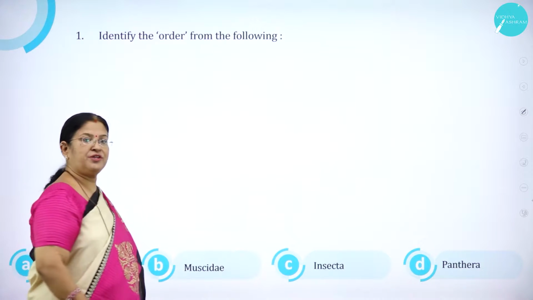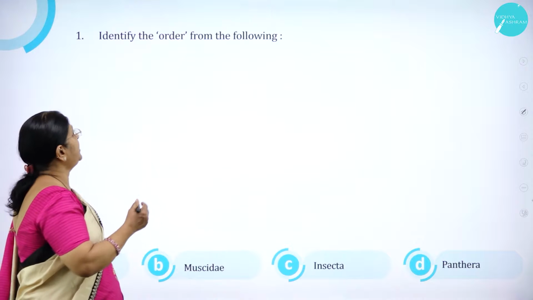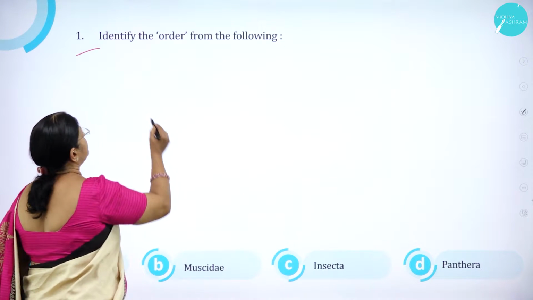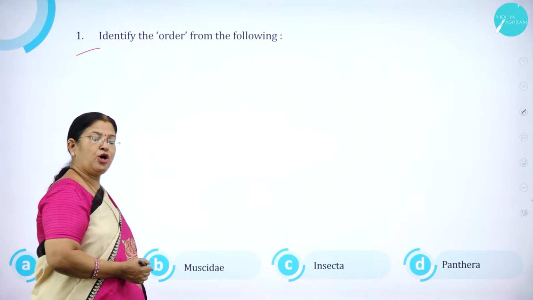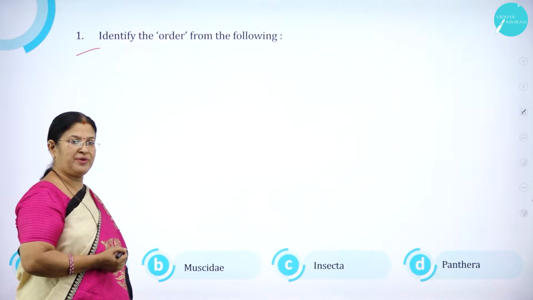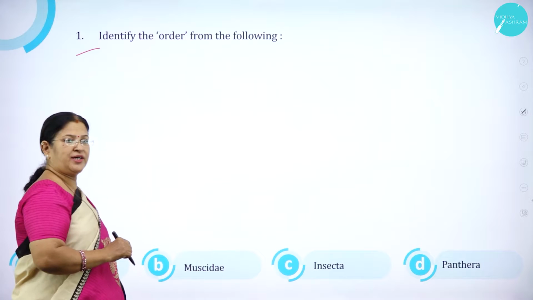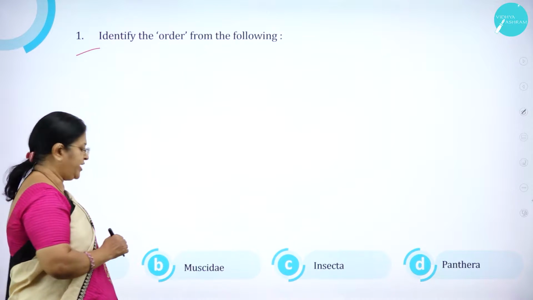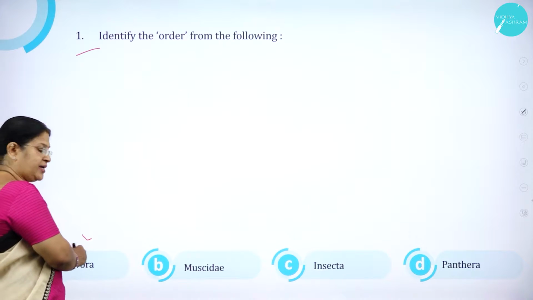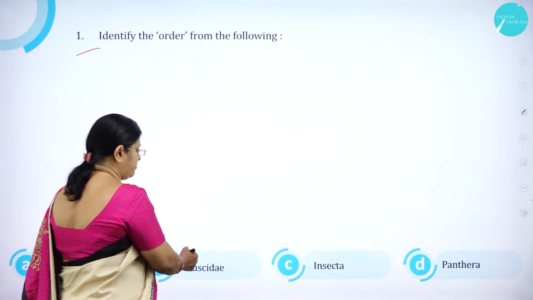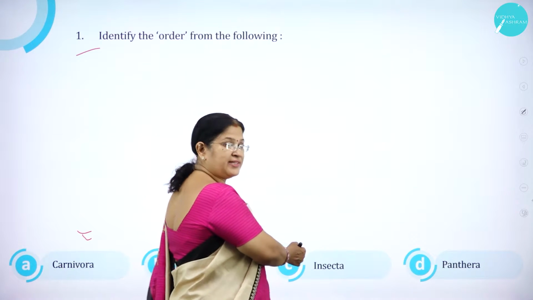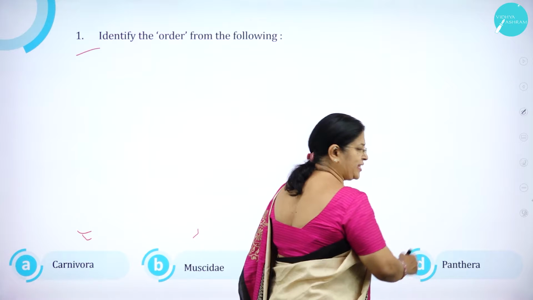Moving on to the first question, identify the order from the following. Hope you remember the 7 taxonomical units, right? Option A, Carnivora. Option B, Muscidae. C, Insecta. D, Panthera.